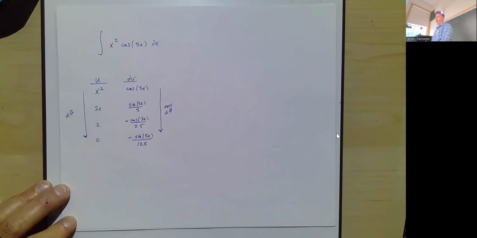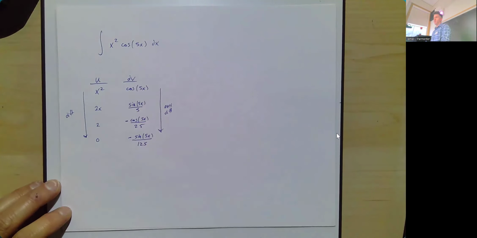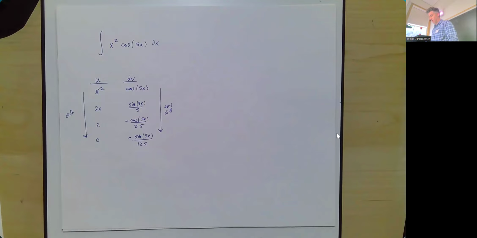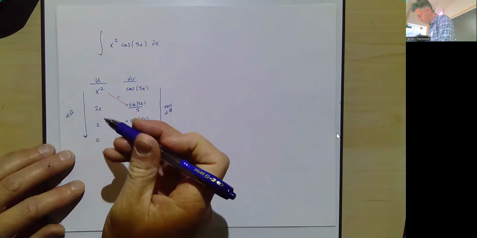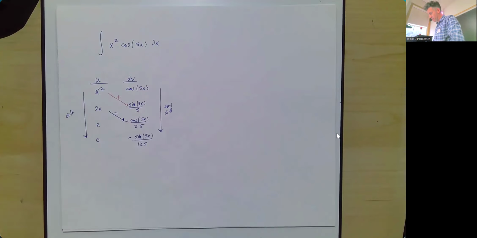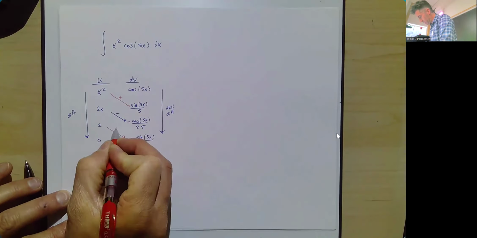You can start writing 5 to the third or 5 squared, but 5 times 5 is 125. And then finally, it's going to be plus this, minus this, plus this.